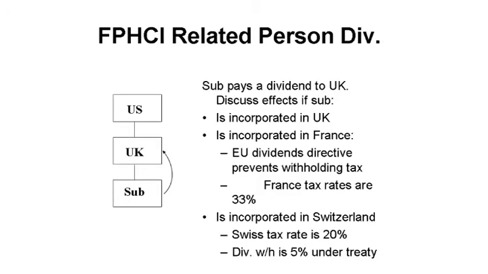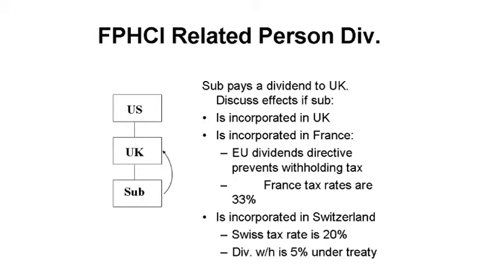Let's go back to the earlier example and consider some more possibilities. A U.S. person owns 100% of a U.K. corporation. The U.K. corporation is a CFC. The U.K. corporation owns 100% of a subsidiary. Assume the sub is organized and doing business in France, paying French tax on its income, and its French income and deductions are the same under U.S. and French principles.